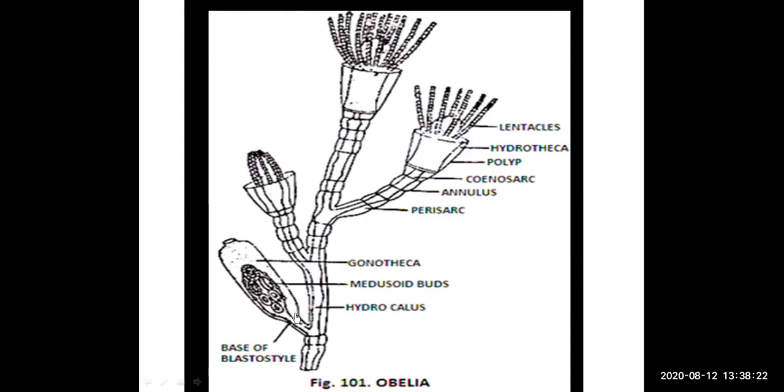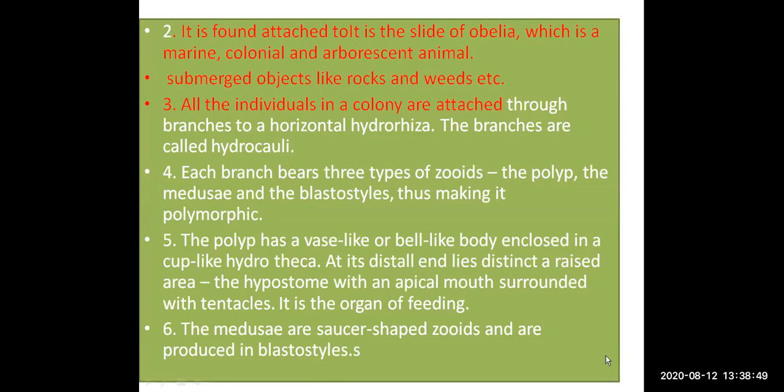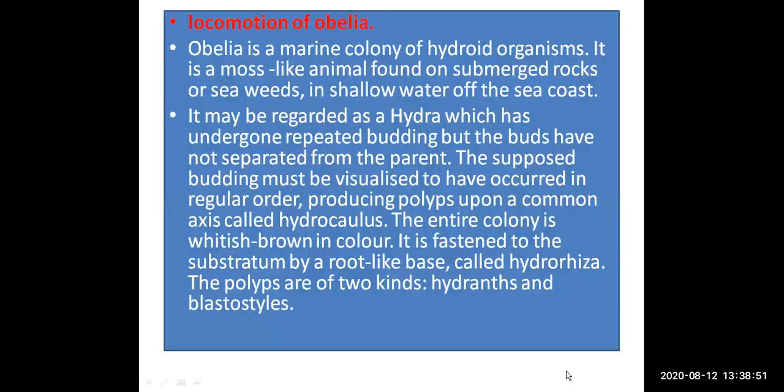The hydrocaulus branches contain numerous individuals. There are three types: polymorphism, dimorphism, and monomorphism. Single animal. Obelia is a dimorphic animal. The branch includes the coenosarc, and all the individuals.